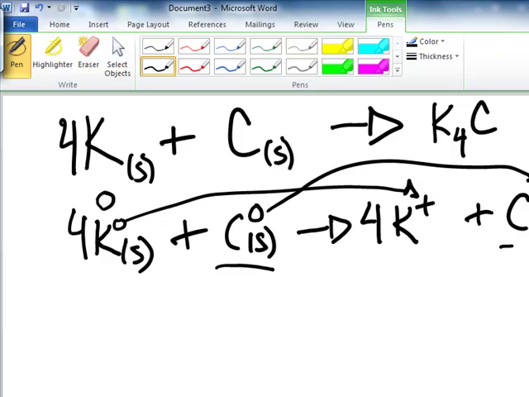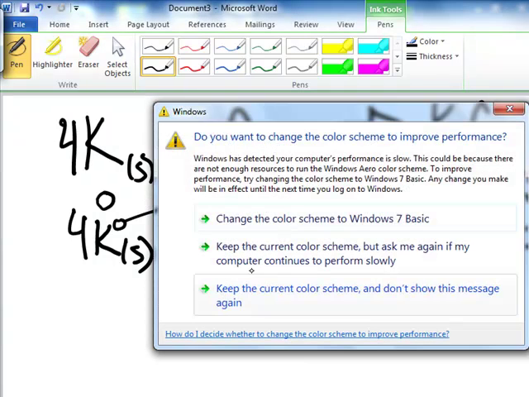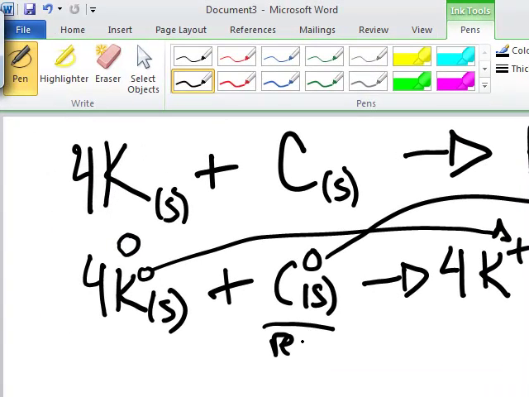Carbon's reduced. That means the particle that's oxidized, or numbers going up, its charge is going up, is potassium. This is reduced because the value goes from 0 to -4. This one is oxidized because it's going from 0 to +1.